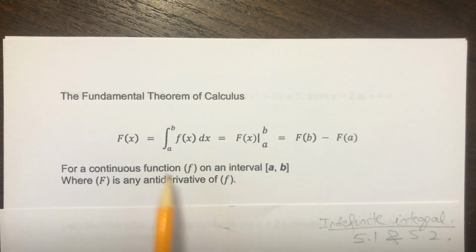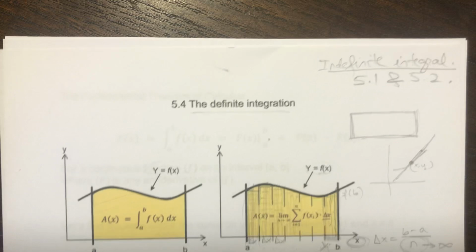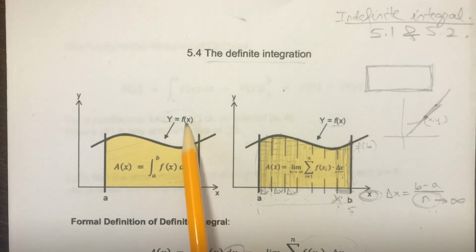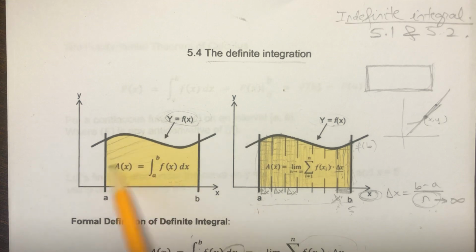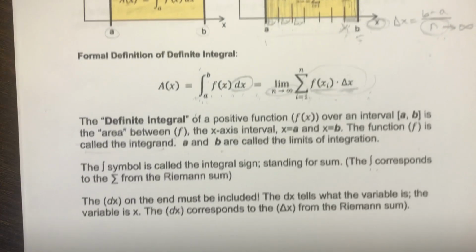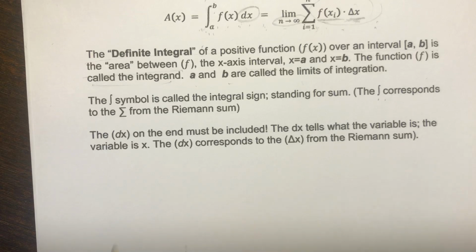So the integral from a to b of a function, if this is a derivative of some function, the area under the curve is the function itself, evaluated between these two limits of integration.